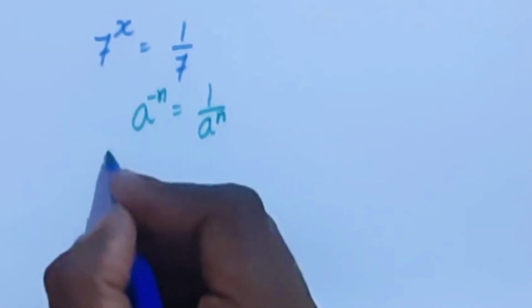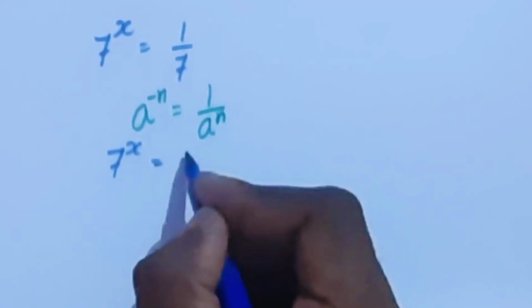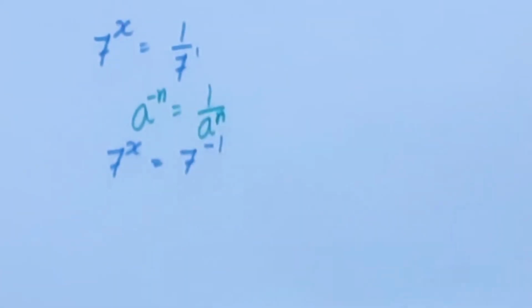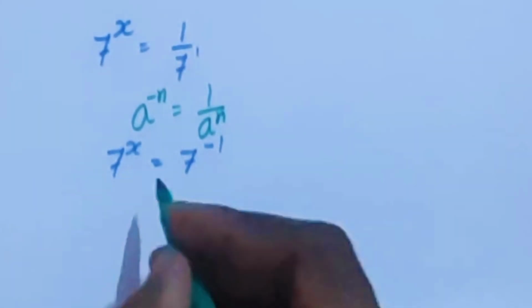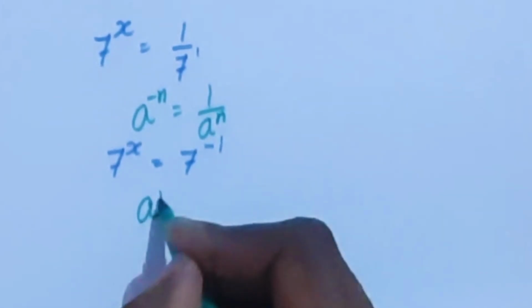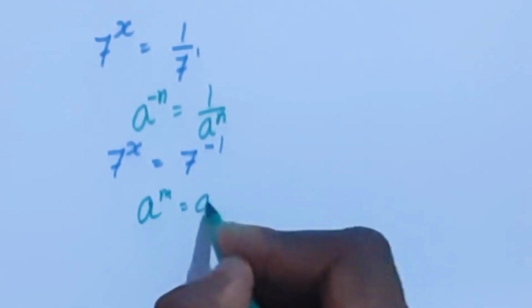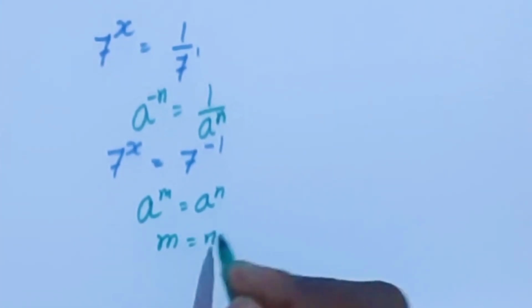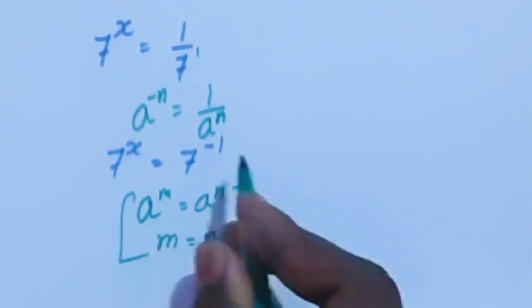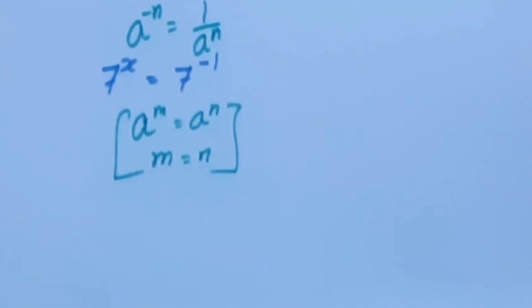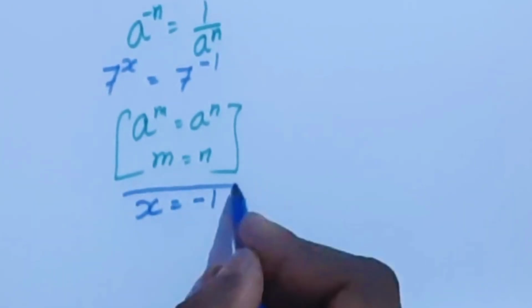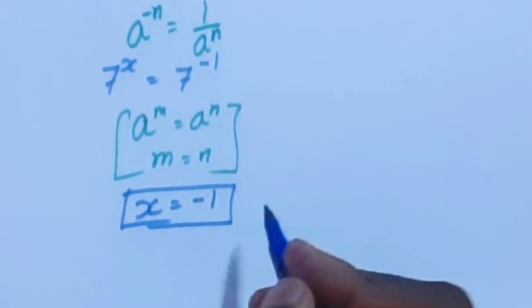So, 7 power x equal to 7 power minus 1. Consider we have 1. So, according to this exponent identity, that a power m equal to a power n, so m equal to n. So, applying this here, so we'll get x equal to minus 1. This is the x value.